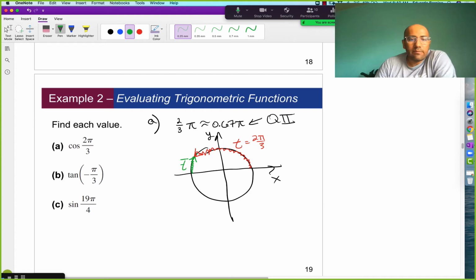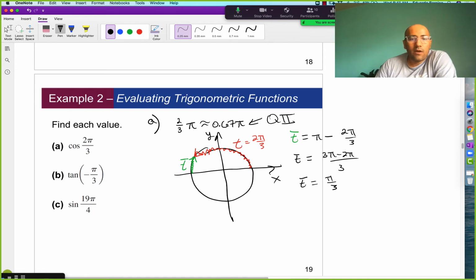Okay, so t bar must be equal to pi minus this number. T bar then equals pi minus 2 pi over 3, which means that t bar is equal to 3 pi over 3 minus 2 pi over 3, or t bar equals pi over 3. Good. Pi over 3.